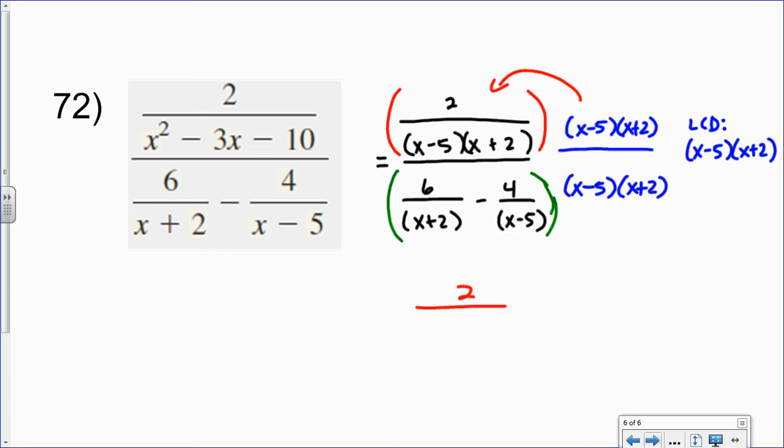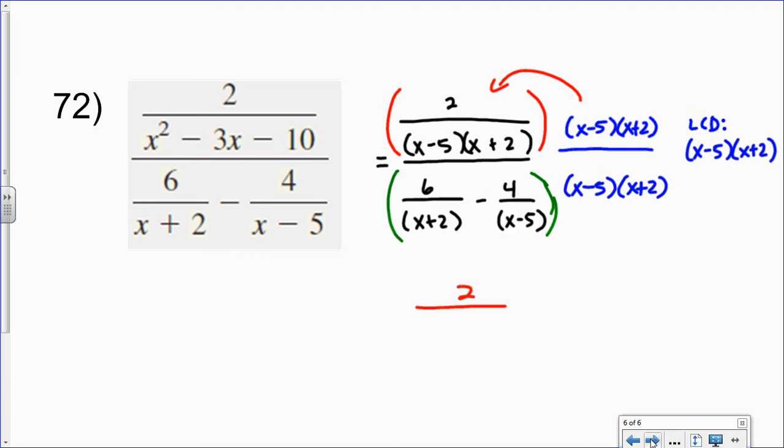So it's 2 over 1, which is 2. No, the top line, because I'm multiplying by x minus 5 times x plus 2, which is x minus 5 times x plus 2 over 1. Okay, this is like a whole number here.